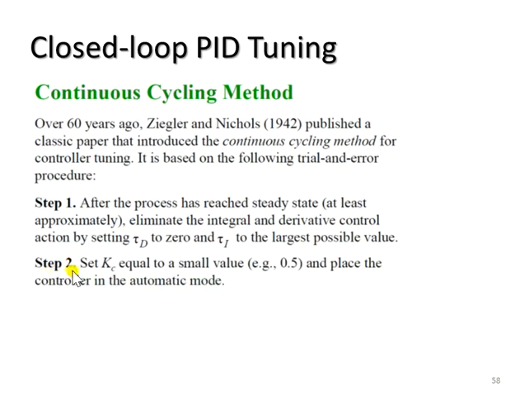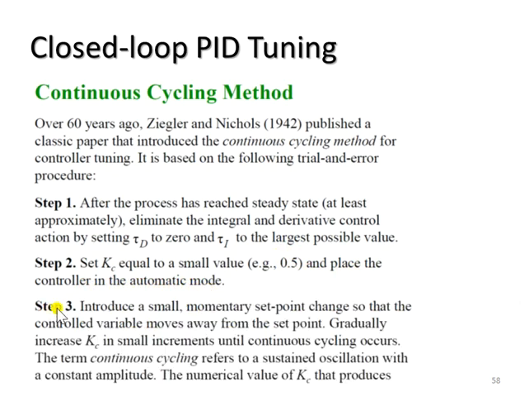In step 2, we set Kc equal to a small value, for example 0.5, and place the controller in automatic mode or closed loop mode.